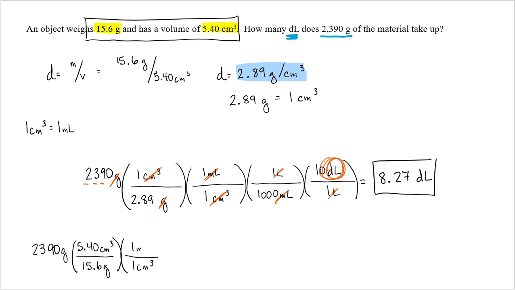A cubic centimeter to a milliliter, 1,000 milliliters to a liter, and every 1 liter is 10 deciliters. I'll get to the same answer. The only difference is here I did the actual division, and then over here I did the division as part of the question as I go along. Either way, the answer you should get is 8.27 deciliters.